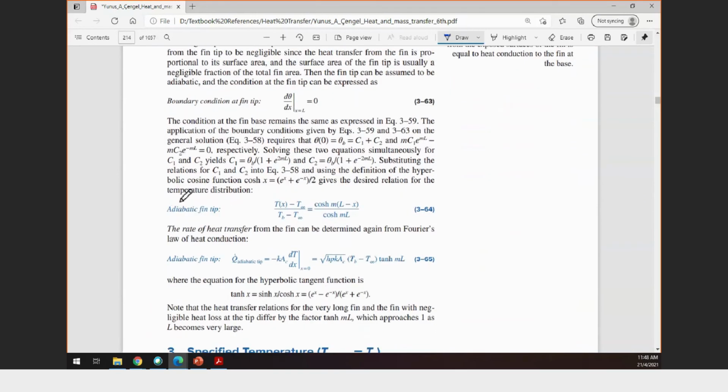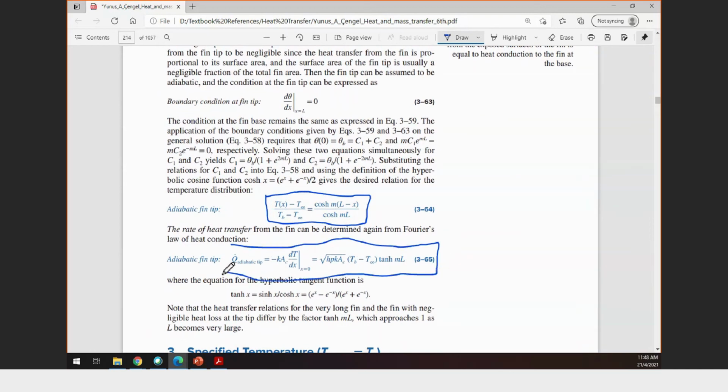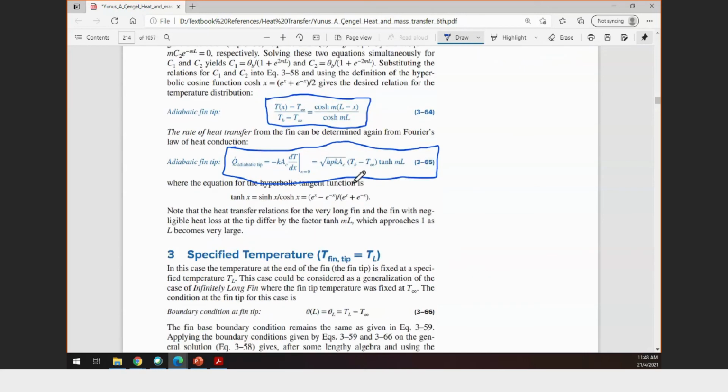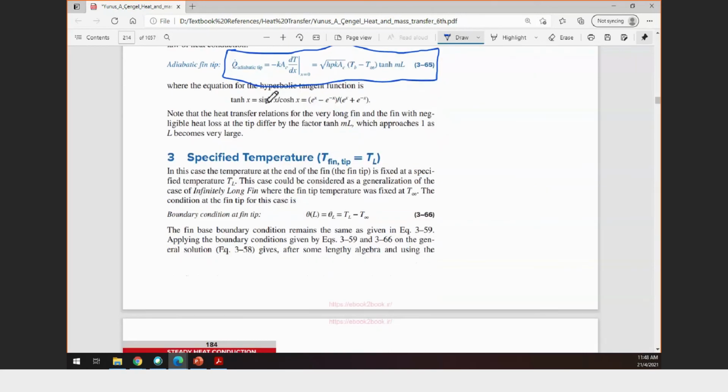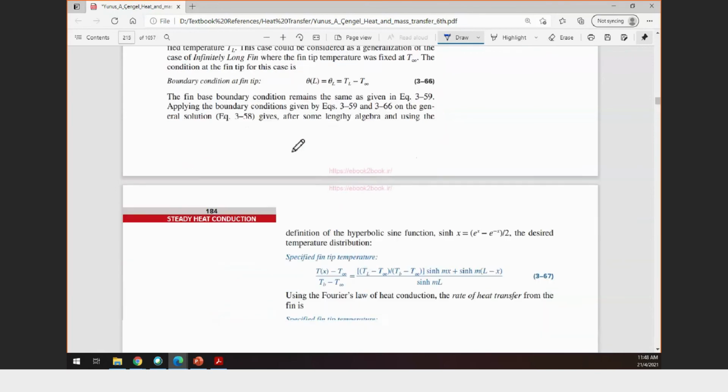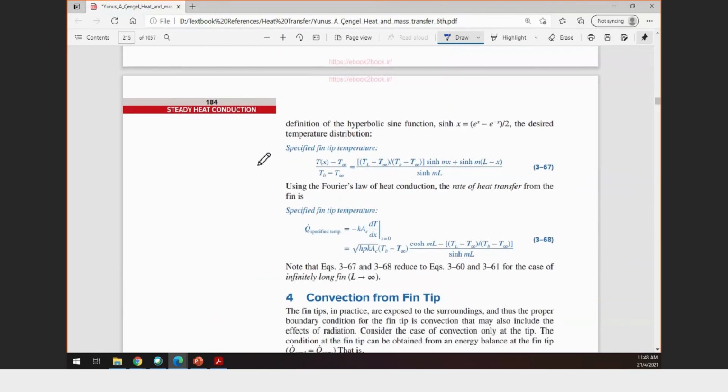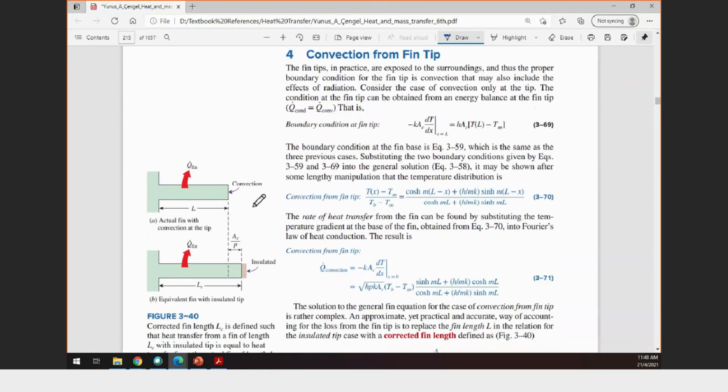You can see the final equation when they write in blue color. This is for the fin tip temperature distribution, and this is for the heat transfer rate. This equation is quite important if you want to consider case number 2. Same goes to case number 3. This is the equation for the temperature distribution. This is the heat transfer rate for case number 3, and this is for case number 4.